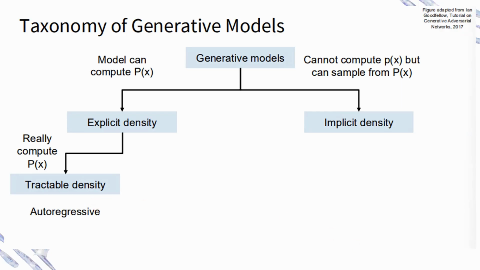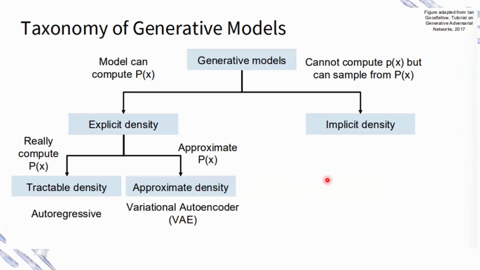The key idea here is that we'll be breaking P of X into a product of conditional probabilities of all of the previous ones that it has seen before. Another type will try to approximate P of X instead of computing it directly. An example of this is the variational autoencoder.